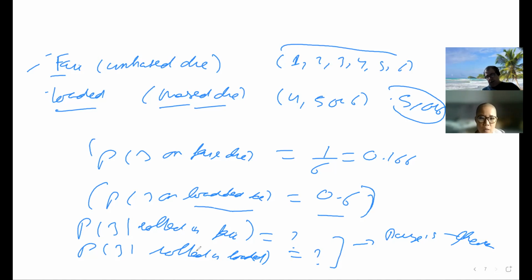Shall we start finding? Can you tell me, out of two dice, fair or loaded, what is the probability of getting a fair die? 50%, 0.5.